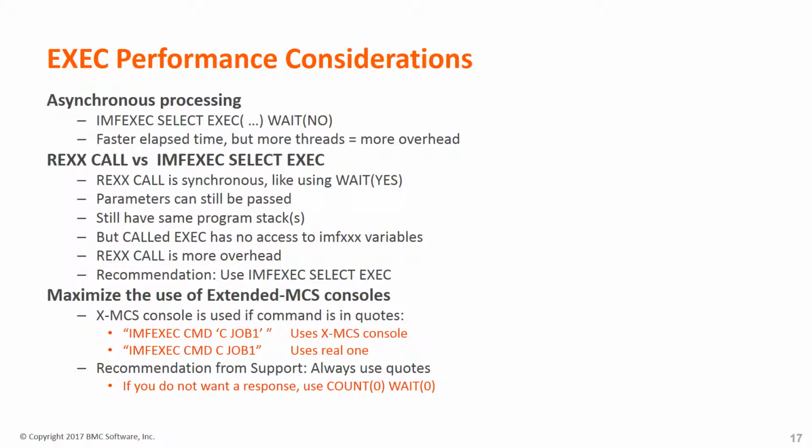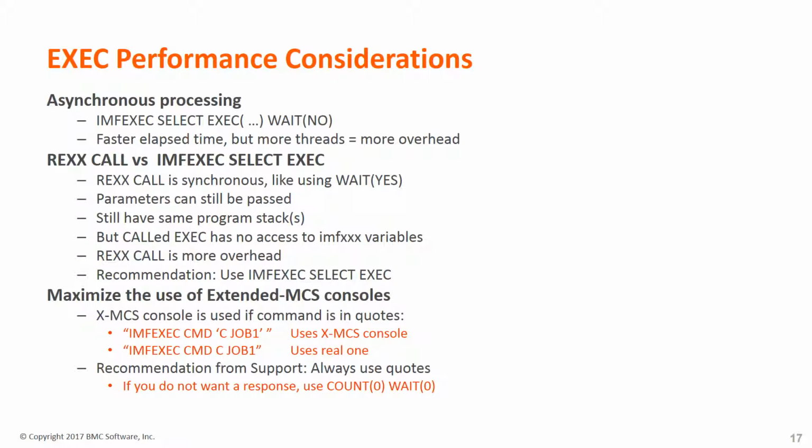You may also want to consider the asynchronous processing of your execs. If you use IMF SELECT EXEC with a WAIT NO, the exec itself that you're making the call from will run faster because it's not waiting, but you potentially run more threads, which can introduce more overhead. You can also consider invoking REXX calls versus IMF SELECT EXEC calls.